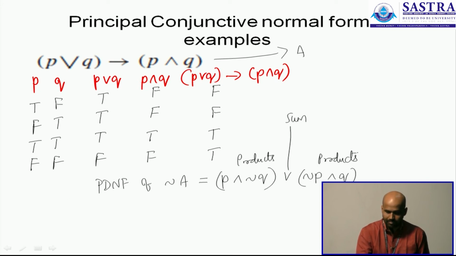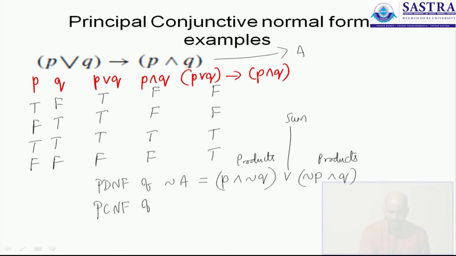We are in fact after finding the conjunctive normal form. So how do you do this? By the procedure, you will just flip this. The PCNF of A is just obtained by doing the dual. How do you do the dual? Conjunction becomes a disjunction, disjunction becomes a conjunction, conjunction becomes a disjunction again. You do nothing about the remaining, just write them as they are.